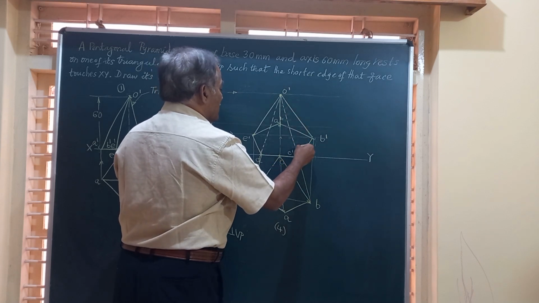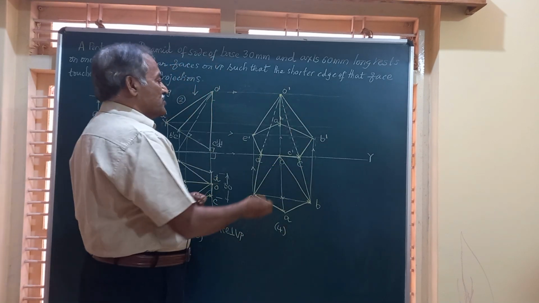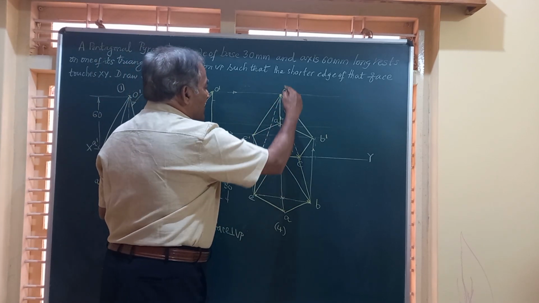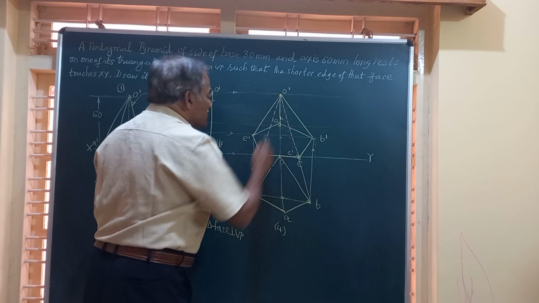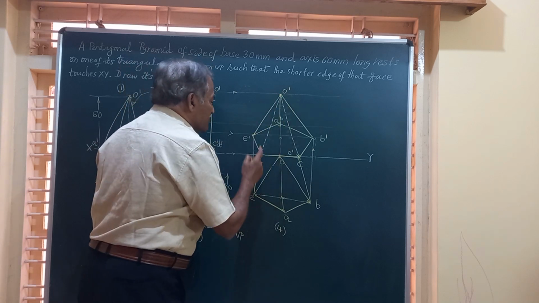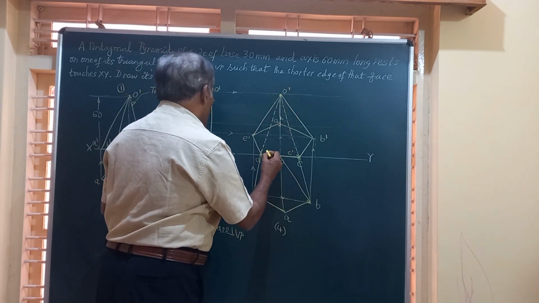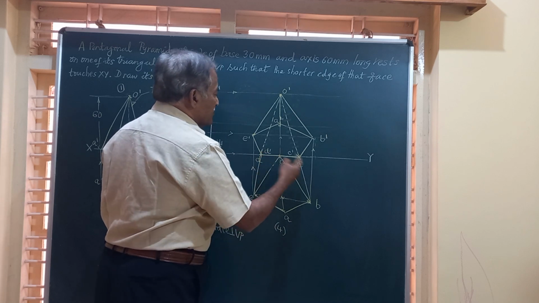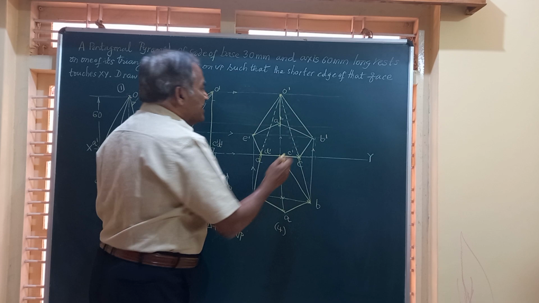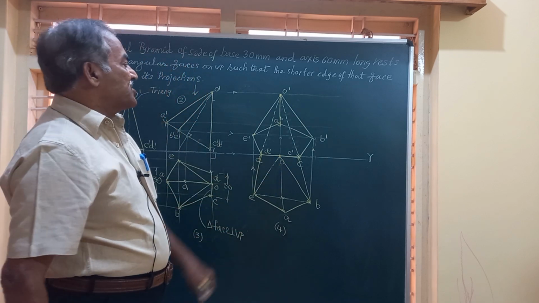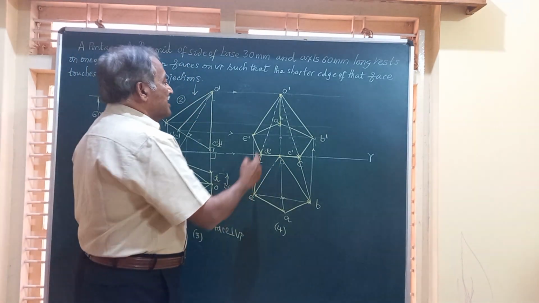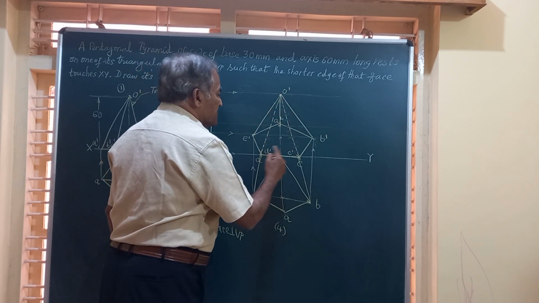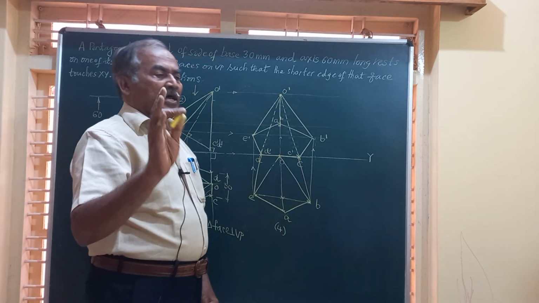So friends, this is how this looks. So the complete base is visible, O to E, O to A, O to B visible, but these 2 lines joining O dash to D dash and O dash to C dash are not visible, and this is the triangular face O dash, D dash, C dash, which is on VP.